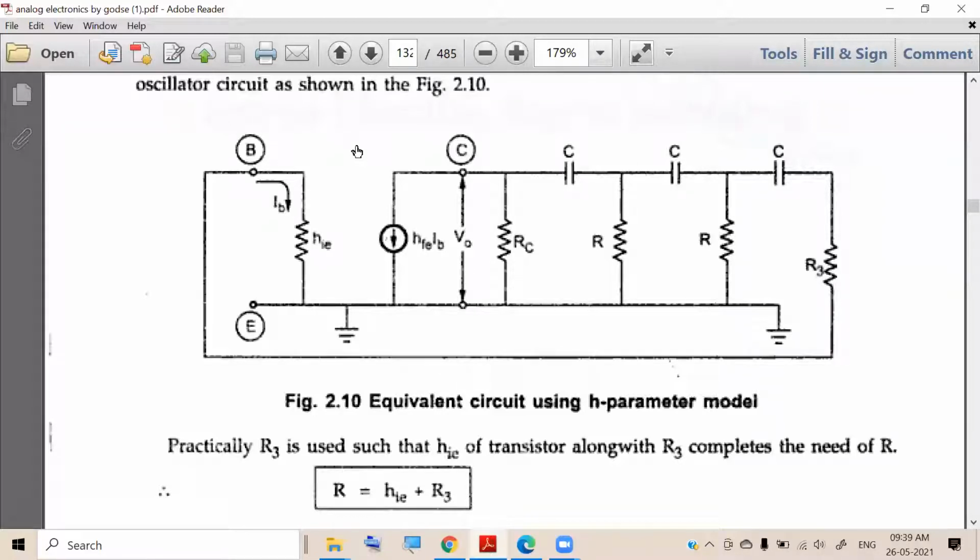Very important. Anyway, tell me, if you do source transformation, what will we get?